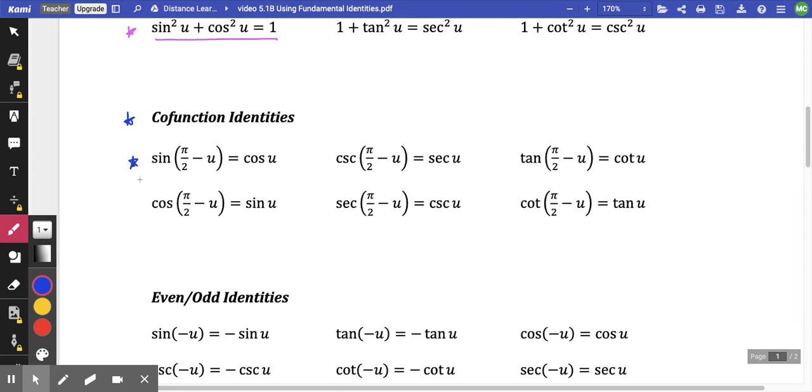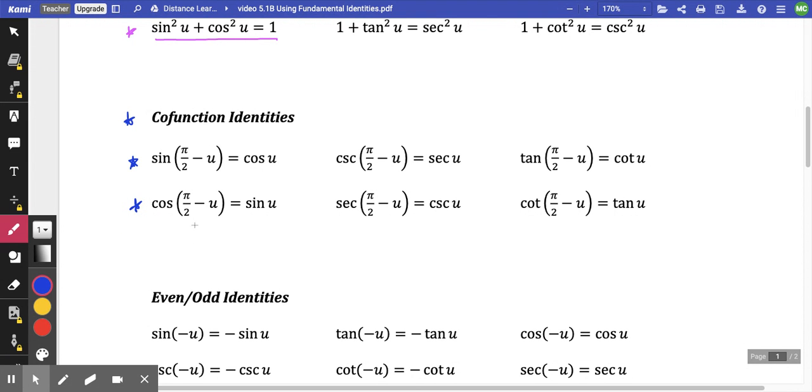So for our co-function identities, you'll notice there's something similar with all of these. We've got a pi over 2 minus u inside the parentheses after one of the trig functions there. So if you've got sine of pi over 2 minus u anywhere, that can be rewritten as cosine of u, and vice versa.